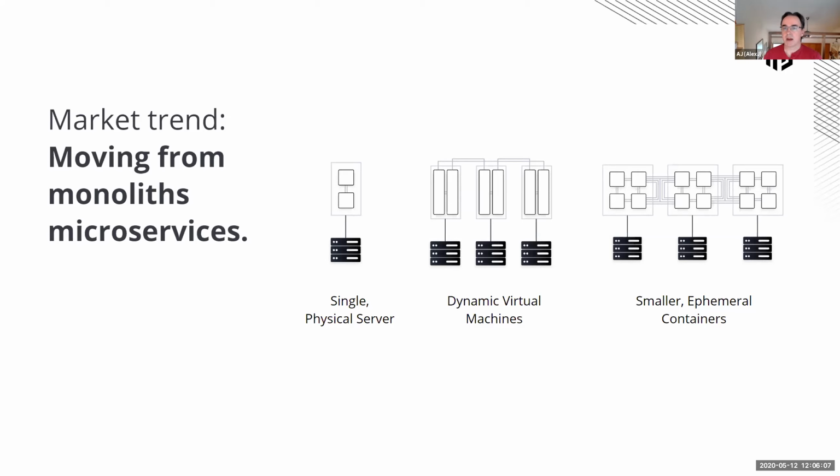One is this debate about what's sometimes referred to as pets versus cattle, and the other one is containerization. So if you think about your infrastructure as a temporary collection of server objects that come and go over time, and they're basically ephemeral, and then you add to that the idea that we're going to have lots and lots and lots of these very small applications, these very small services that are also ephemeral.